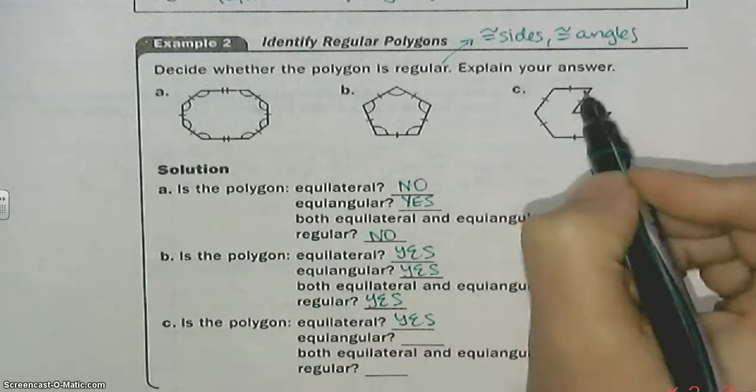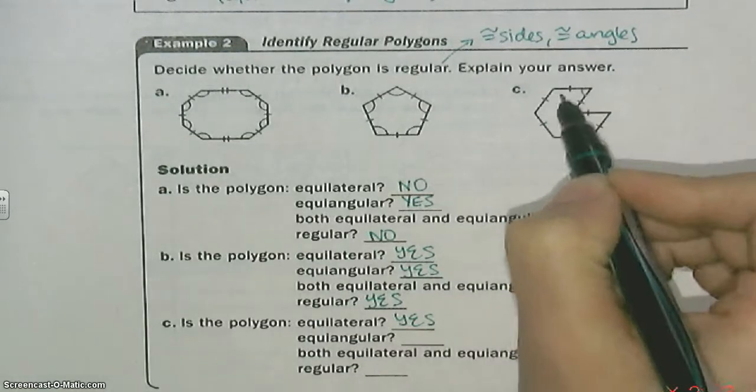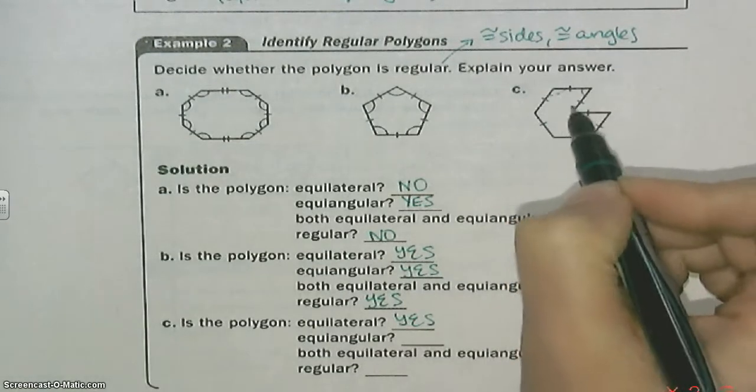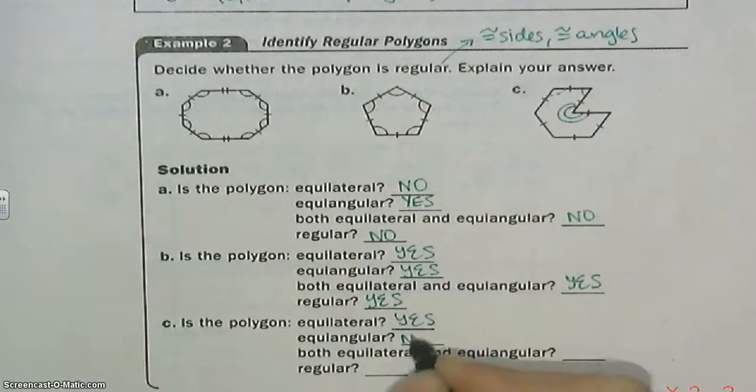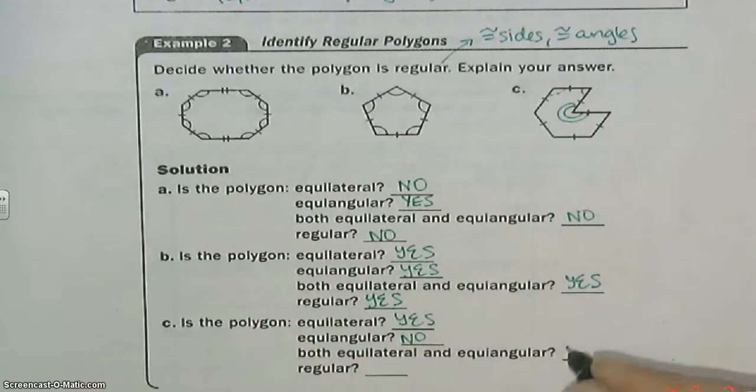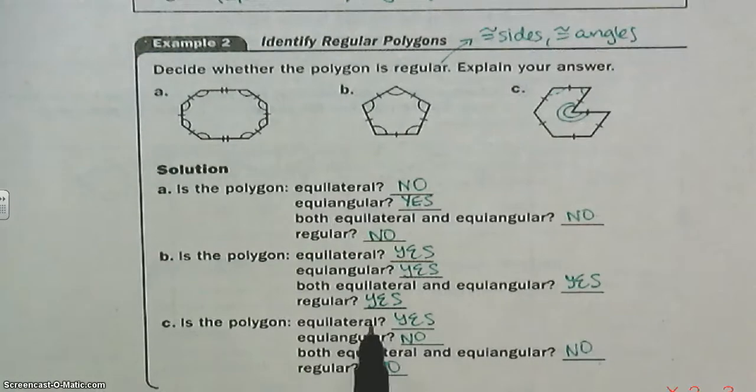But if you look, the angles are definitely not the same. This angle doesn't match this angle and certainly doesn't match that angle right there. So it's not equiangular. So it's not both, so it cannot be regular. You must be both equilateral and equiangular to be regular.